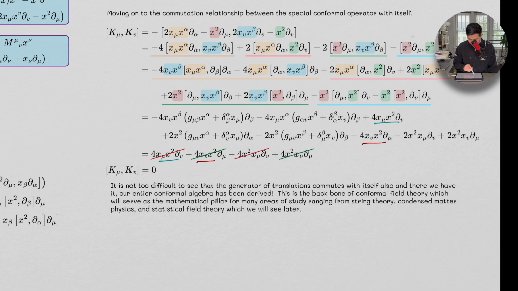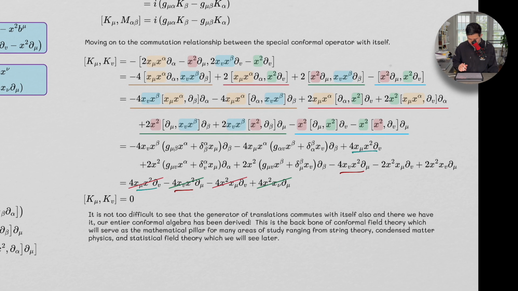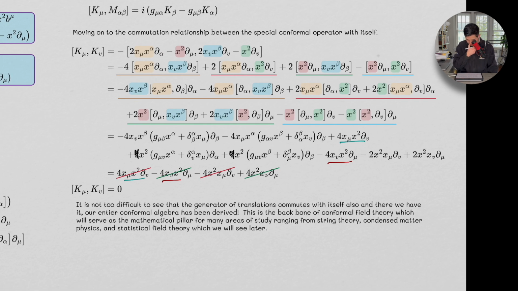I believe there should be 4s out in front of here. I think these should be 4s, and then everything cancels. I think what happened was I took my values of 2, and those should be 4s, right? So we have a 4 right here that came from this guy right here when we did the commutation relationship.